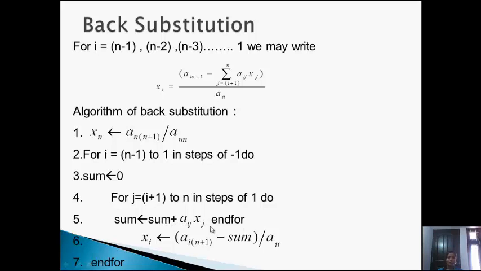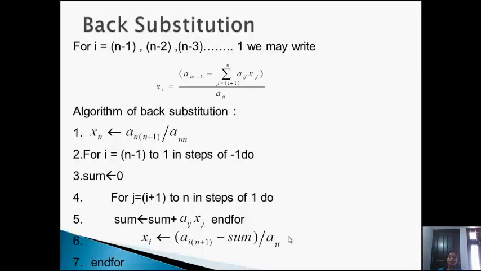After this step we can calculate our remaining xi as ai,n+1 minus sum upon aii. And now we have the three values for our equations. So in these two steps, that is forward elimination and back substitution, we can calculate the values of x1, x2, x3 for three simultaneous equations.